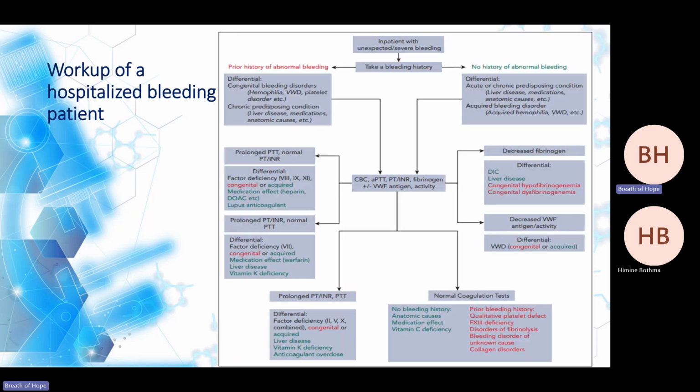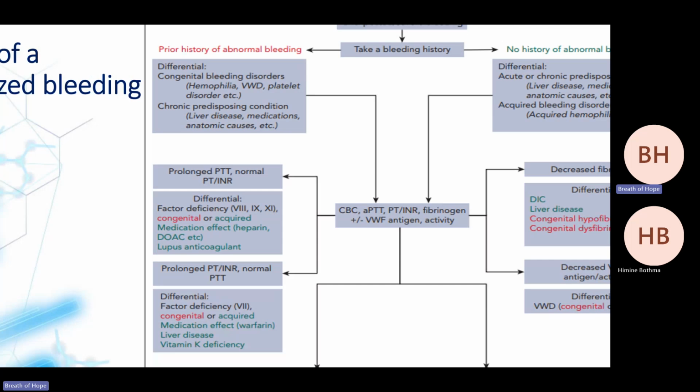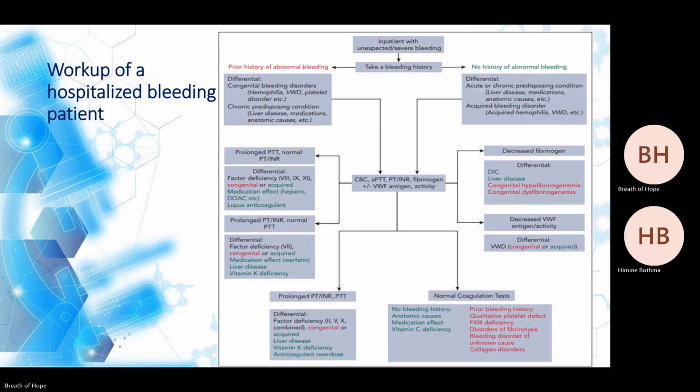So the workup of a patient, this actually works for even an outpatient. So you start off with your bleeding history to decide if you're dealing with the more inherited or acquired cause. And then based on your screening tests, which we talked about, you will work out the cause here.